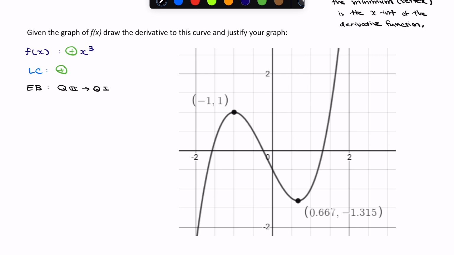So at a local maximum or minimum, we know that f prime of x is equal to 0.